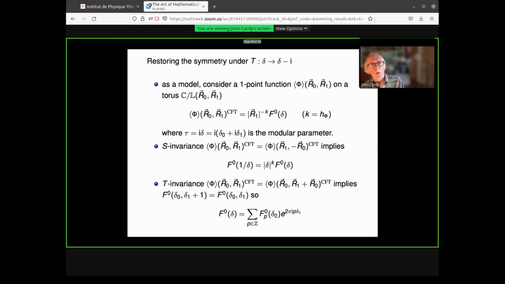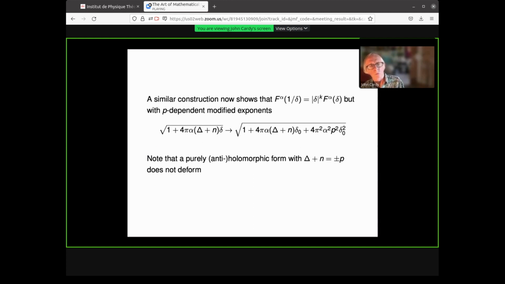Okay, so one way that you can restore the symmetry under T is to use as a model the one-point function on a torus, and then you can show that if in the original theory the undeformed F transforms like not quite a modular form, but the modulus of a modular form, then the deformed version does also.